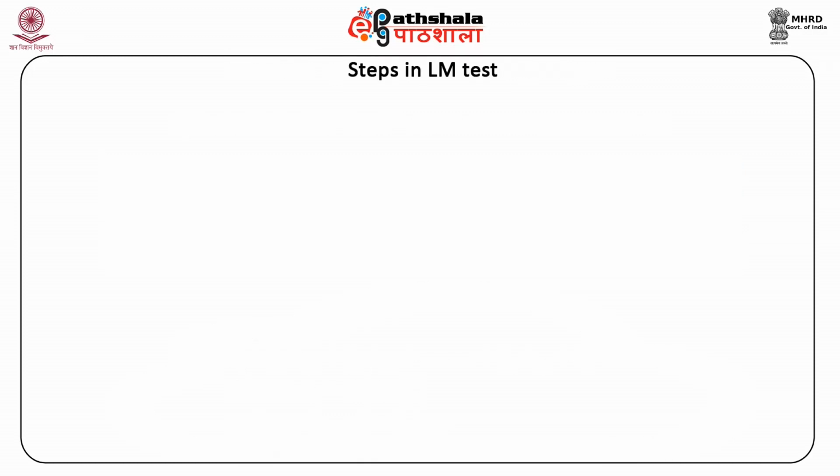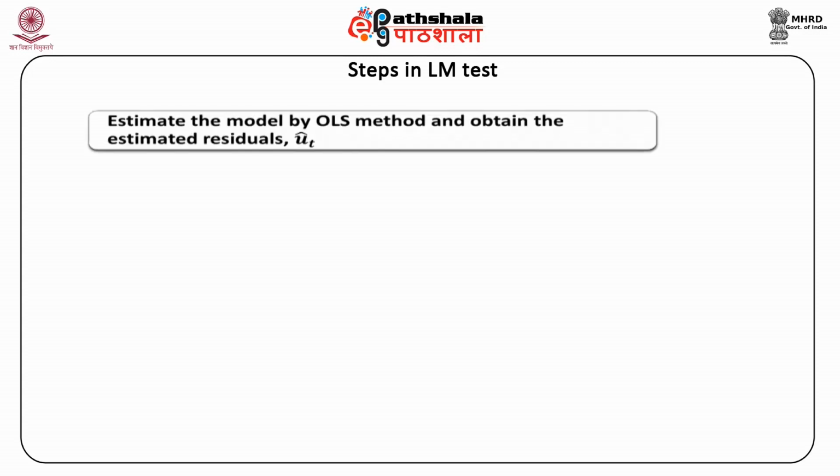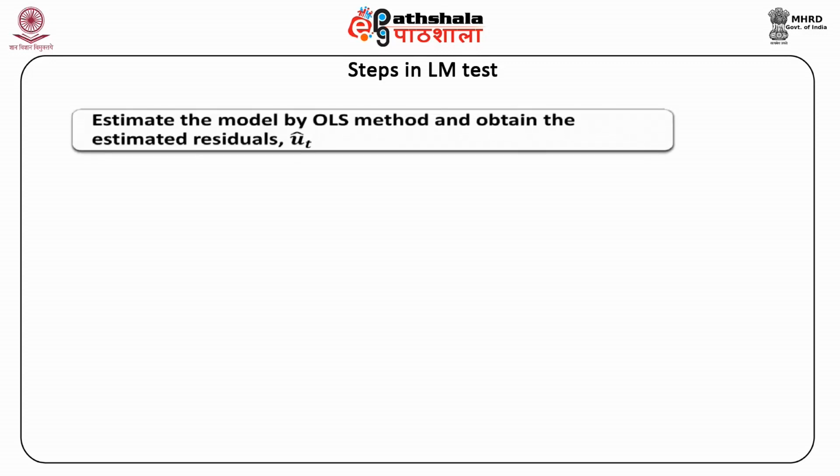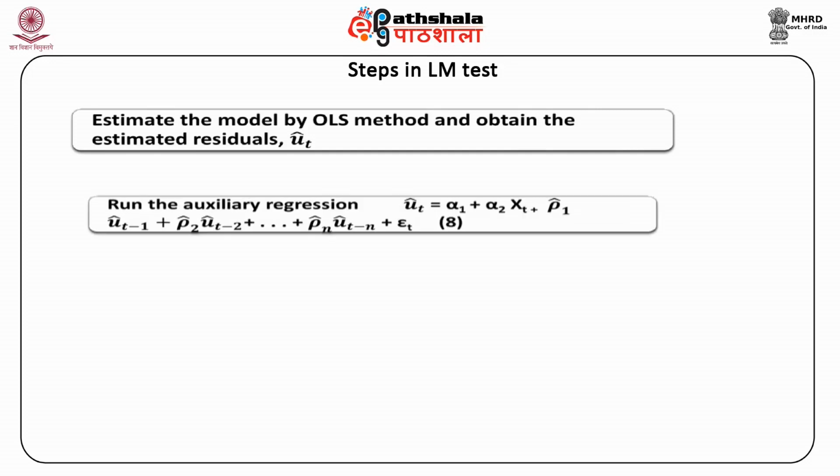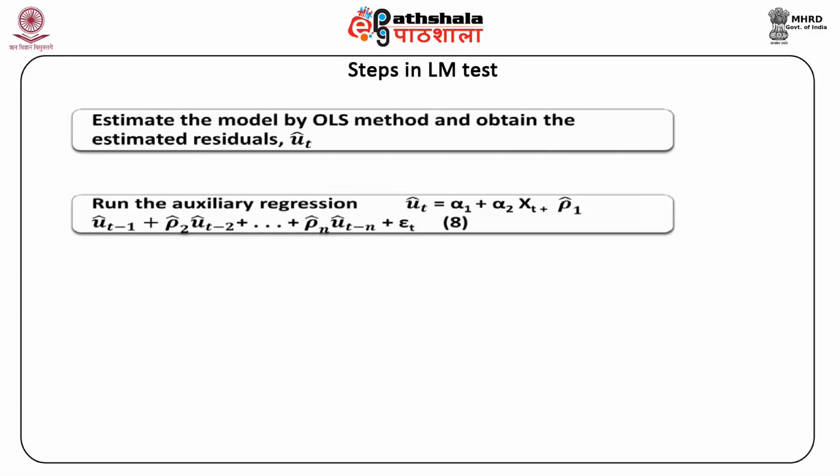Steps in LM test. So let us understand what are the steps involved in the Lagrange multiplier test. First is to estimate the model by the OLS method and obtain the estimated residuals UT hat. The second is to run the auxiliary regression.